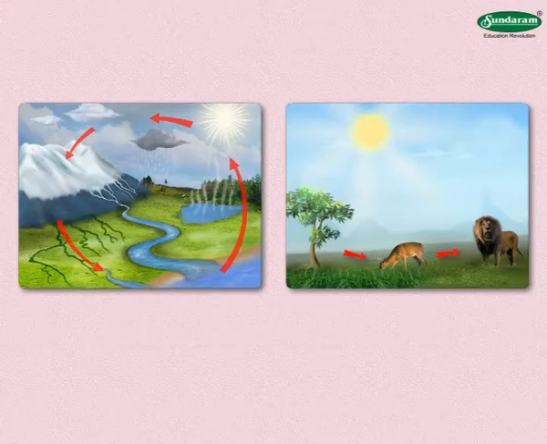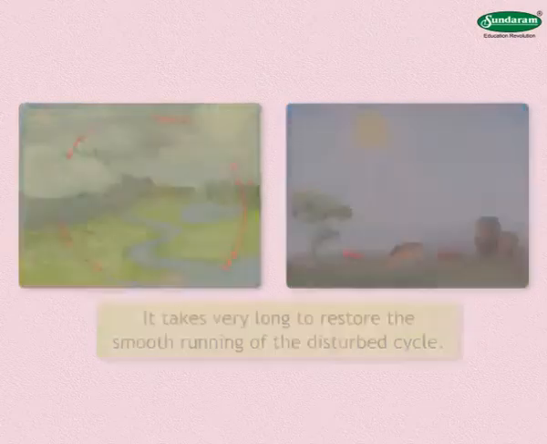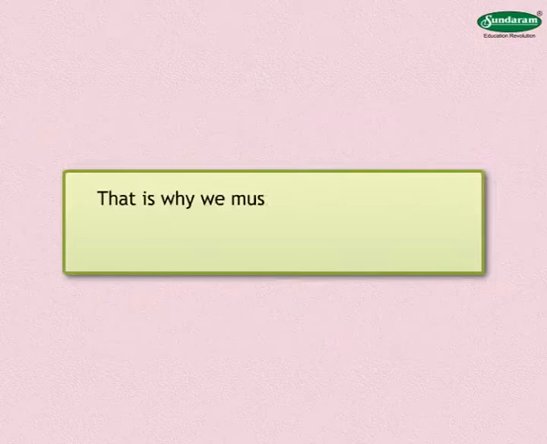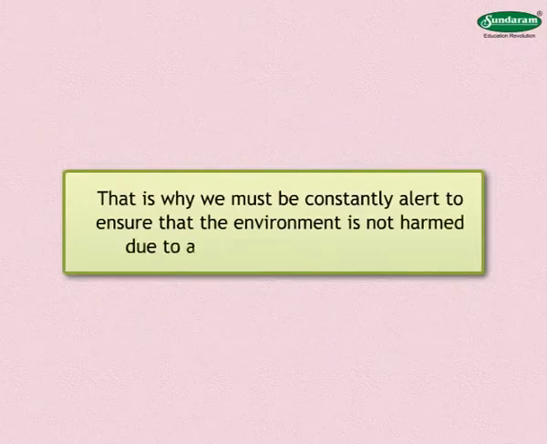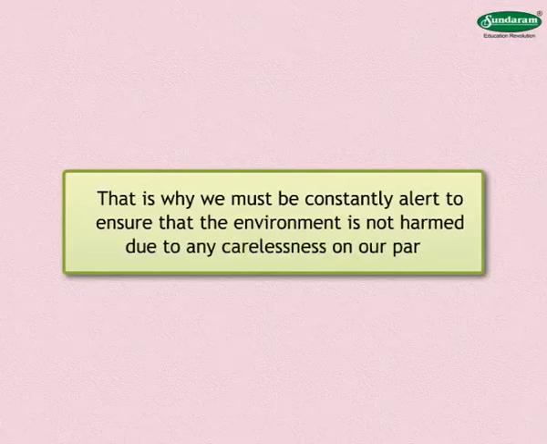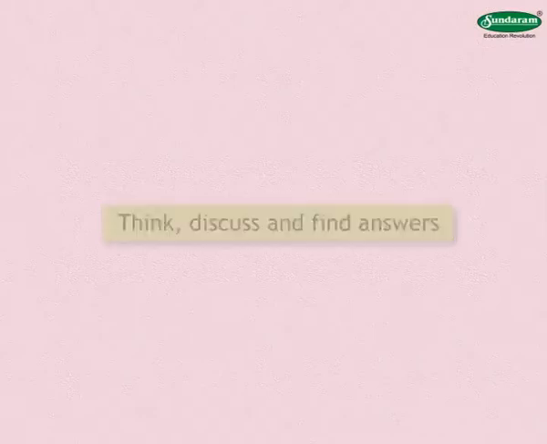These effects have to be borne by many living things. Besides, it takes very long to restore the smooth running of the disturbed cycle. That is why we must be constantly alert to ensure that the environment is not harmed due to any carelessness on our part.